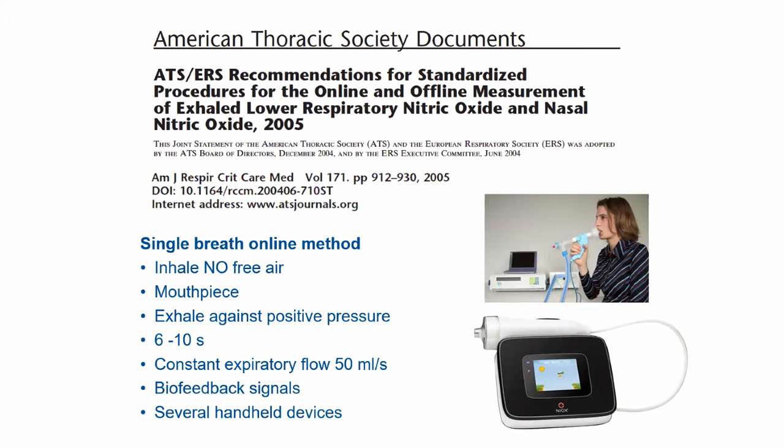There are important recommendations on how you should perform the measurement of FeNO, of exhaled nitric oxide. The recommended measurement technique is the so-called single breath online method, where you first inhale NO-free air.